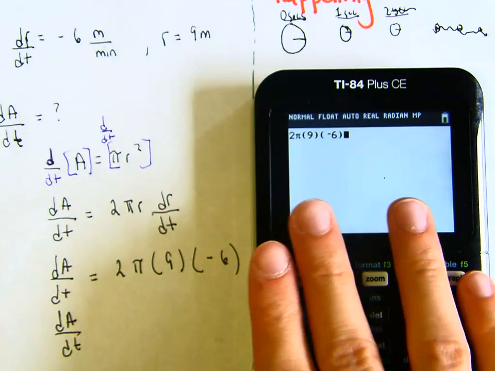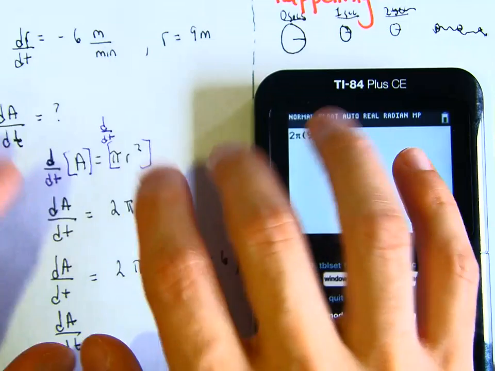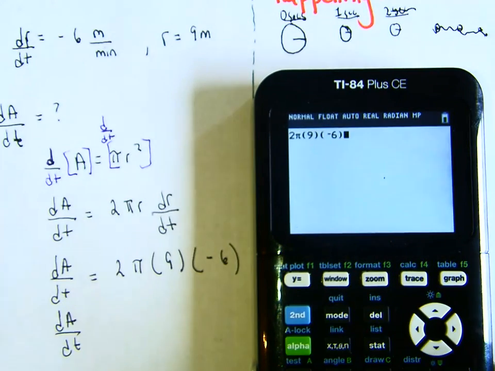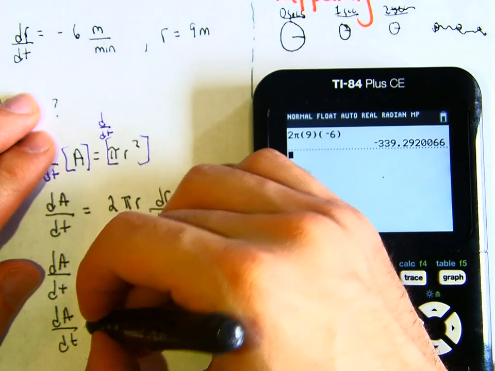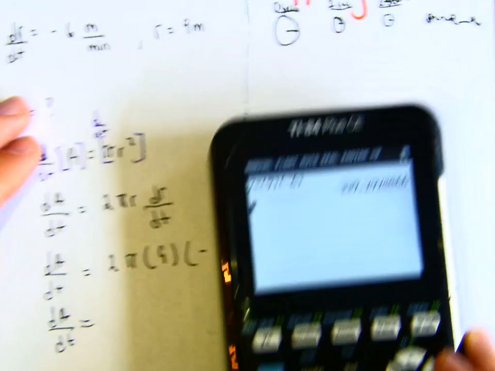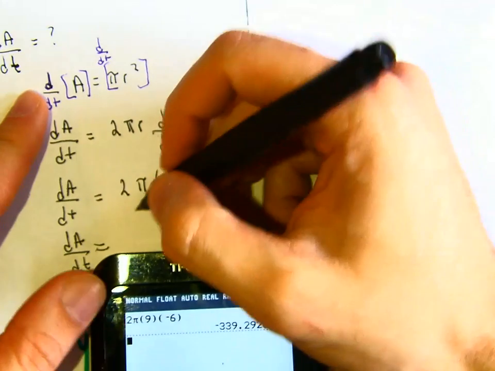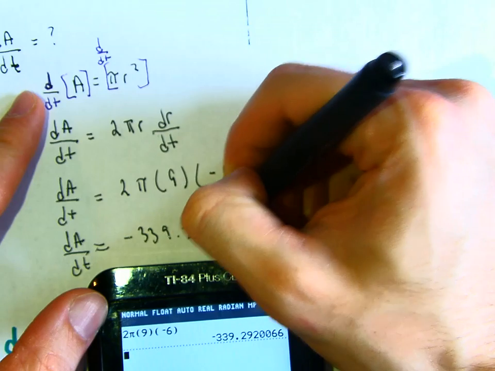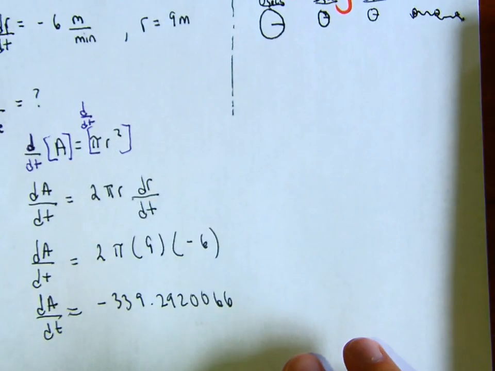If you don't have a calculator with you at home, just type calculator into Google. Hit enter, and now we have equals negative 339.2920066.